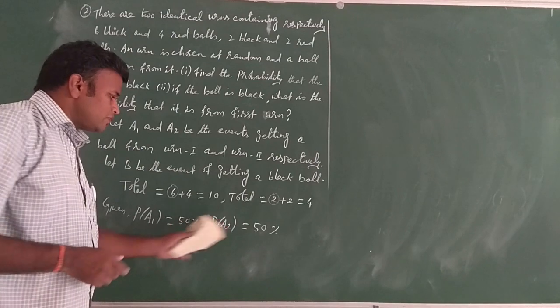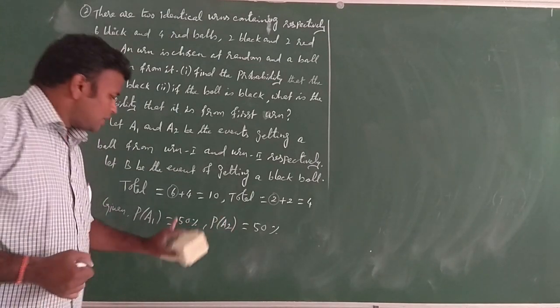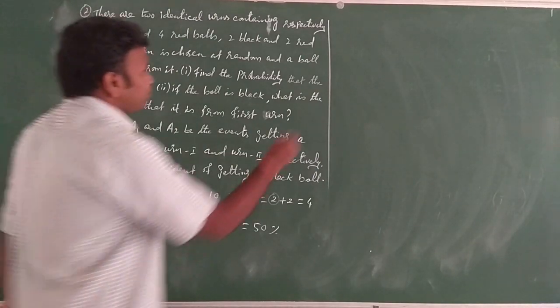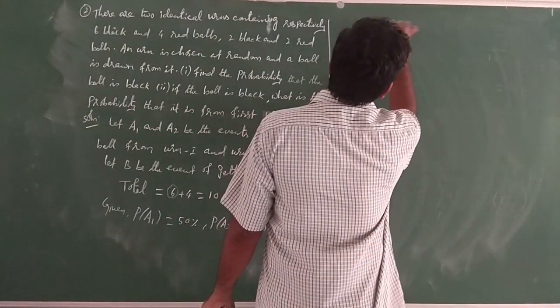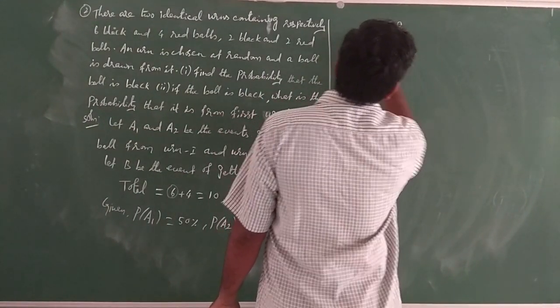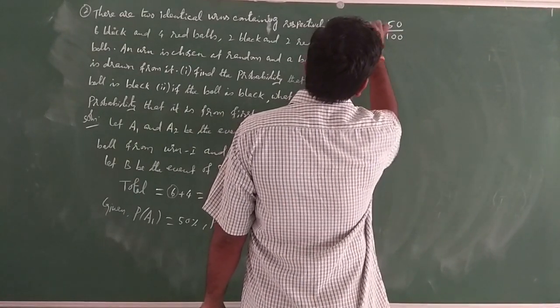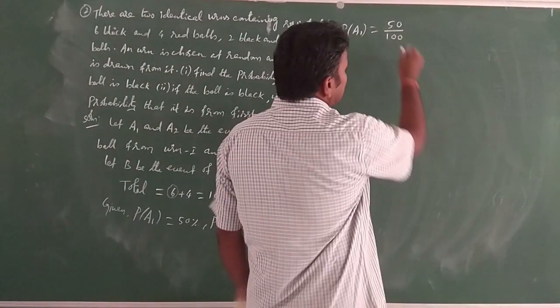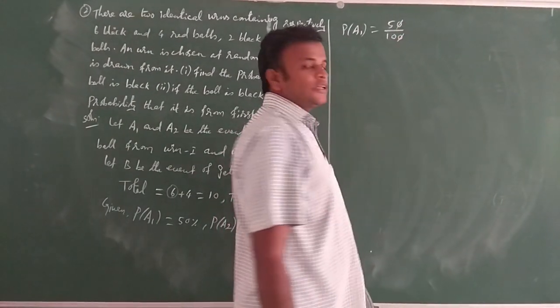How do we write 50%? 50% is nothing but 50 by 100. Next, some easy values, this is the simplification.